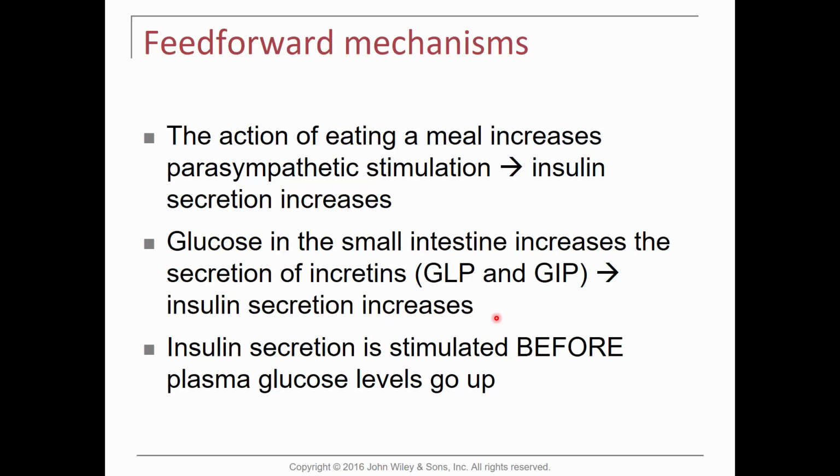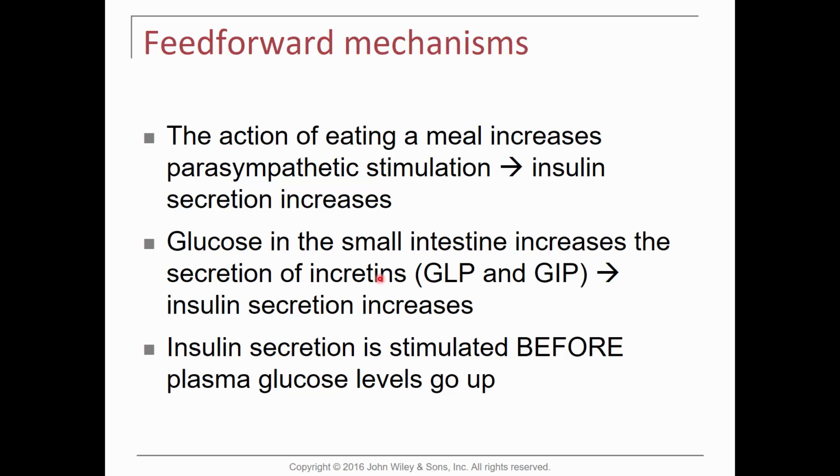Now, why is this feed forward? It's because parasympathetic stimulation and the incretins anticipate an increase in plasma glucose. You see, glucose in the blood has not gone up yet. The food is in your GI tract. The sugar is in your small intestine. It's not in your blood yet.